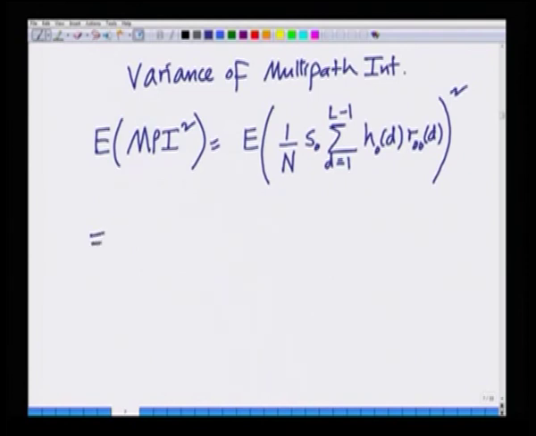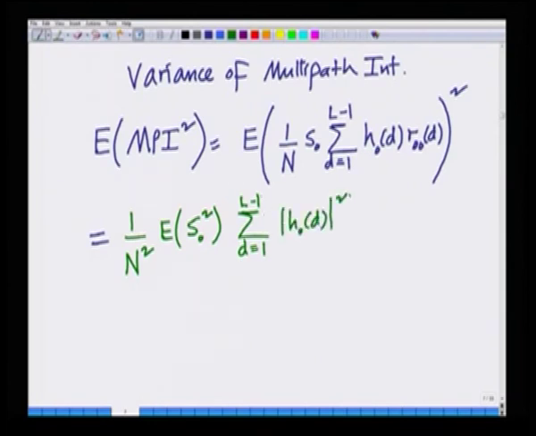This is nothing but 1 over n square expected S0 square, that is expected symbol square, which is nothing but the power in user 0, times expected summation d equals 1 to L minus 1 H0 d whole square into expected R00 d square.